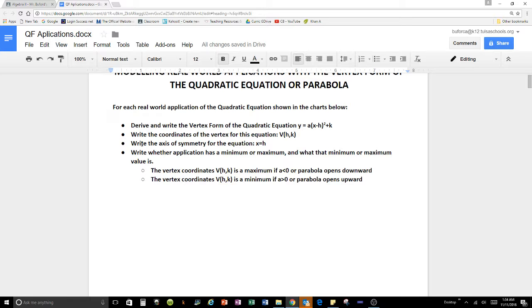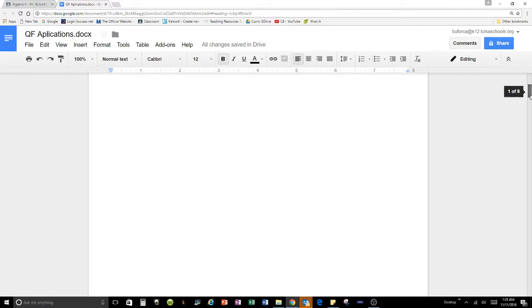Then what we need to know is write the axis of symmetry for the equation. And the axis of symmetry is always where x is equal to h. And this axis of symmetry is the line that cuts through the parabola right at the center. So let's go back and look at that.